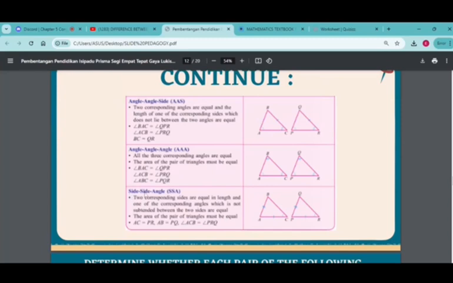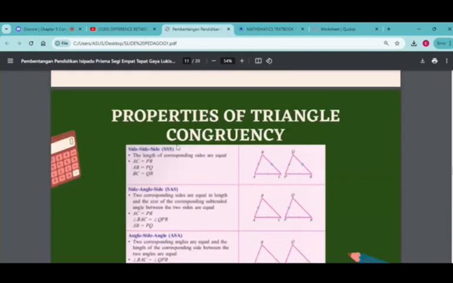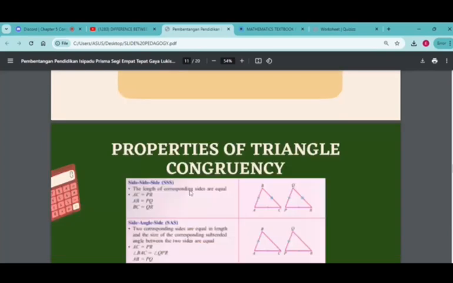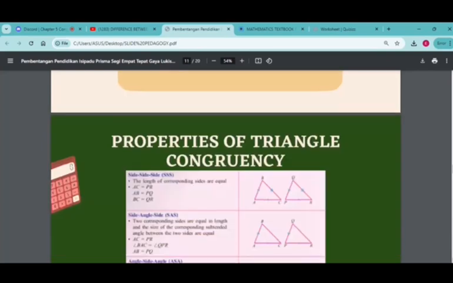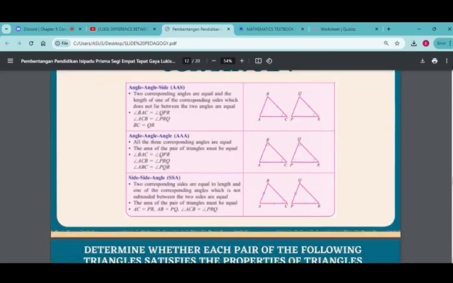For the last one, the properties of triangle congruency: side side angle, shortcut SSA. Two corresponding sides are equal in length and one of the corresponding angles, which is not subtended between the two sides, is equal.